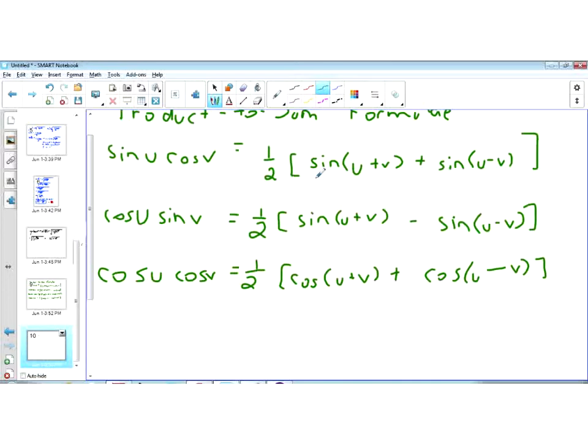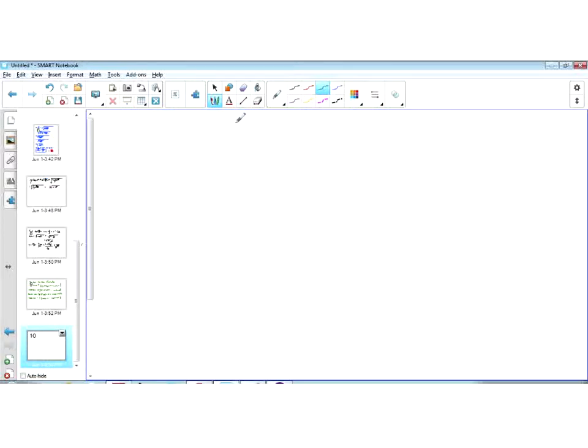The next example. Suppose we want to express this product, the sine of 3x times the cosine of 5x, as a sum. Okay? So what we could do is let u equal 3x, and let v equal 5x. And so what we want to do is write sine of u times the cosine of v as a sum.